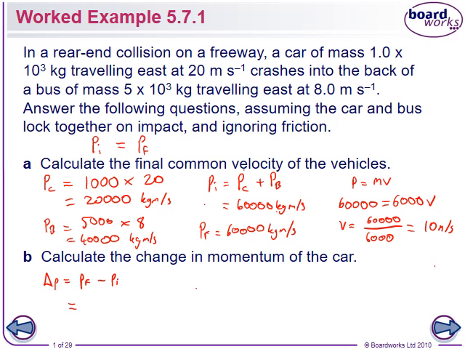So if we're just looking at the car, now we need to take the car's mass as separate from the bus. So the final momentum of the car, our car weighs 1,000 and it is travelling at 10 meters per second after the collision.